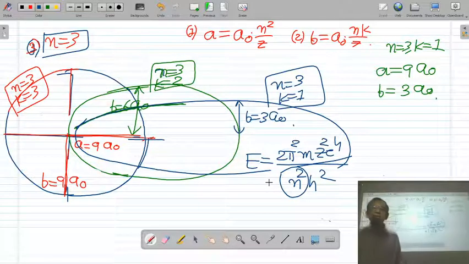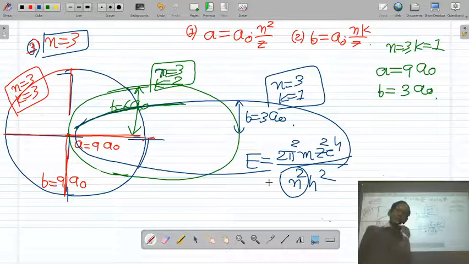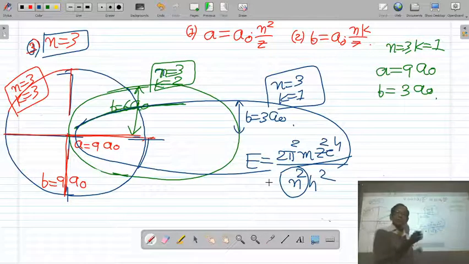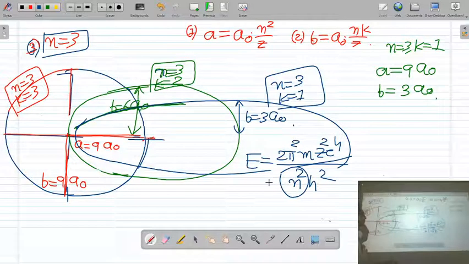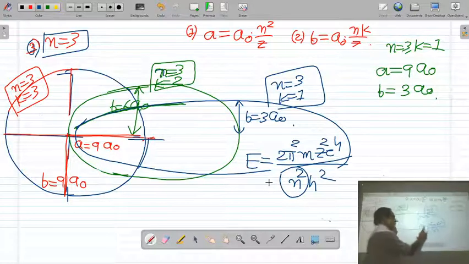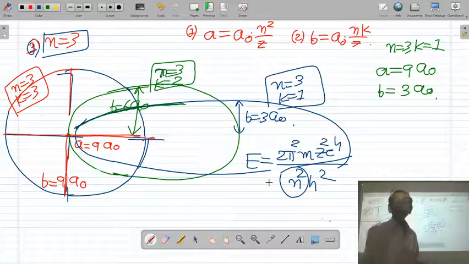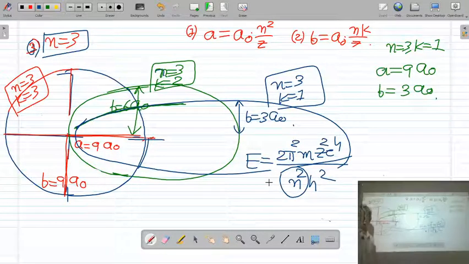So the energy level of the electron is not going to split. So the fine structure of the hydrogen atom, where the spectral line of hydrogen splits into several lines, cannot be explained on the basis of the Sommerfeld model, because the energy of the electron still depends only on the principal quantum number n, and for all these three orbits n is same. Energy does not depend on k.